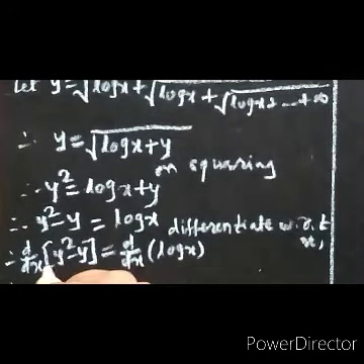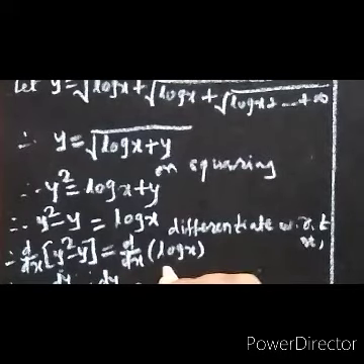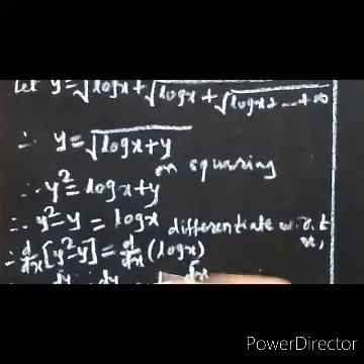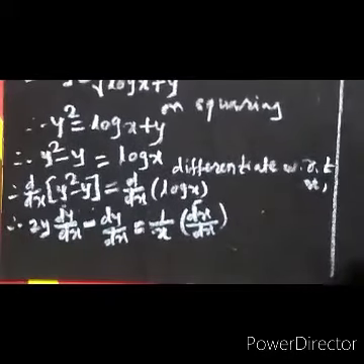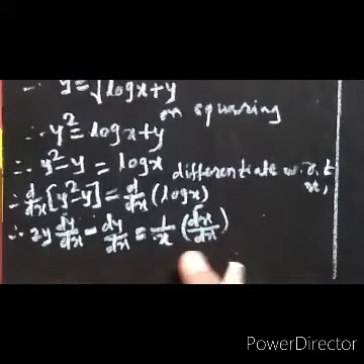Now here we can distribute this derivative to each term of this bracket, and therefore the derivative of y square is 2y raised to 1, that is 2y, and again we have to take the derivative of y with respect to x, that is dy by dx, minus dy by dx is equal to the derivative of log x with respect to x, which means 1 upon x, and again the derivative of x with respect to x, that is dx upon dx.